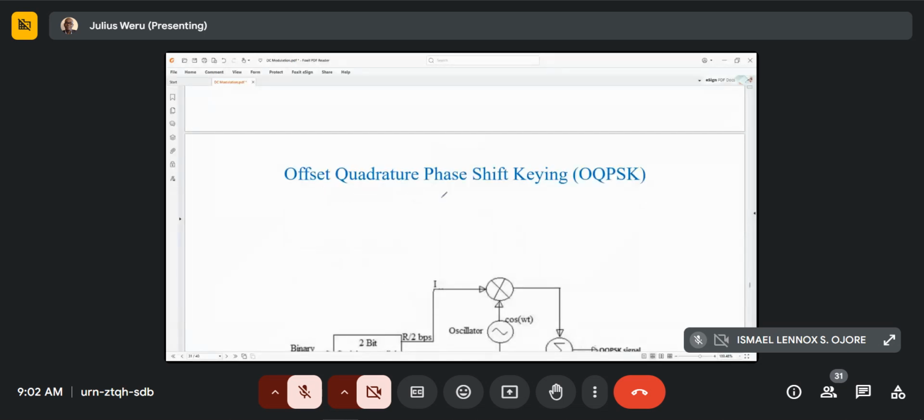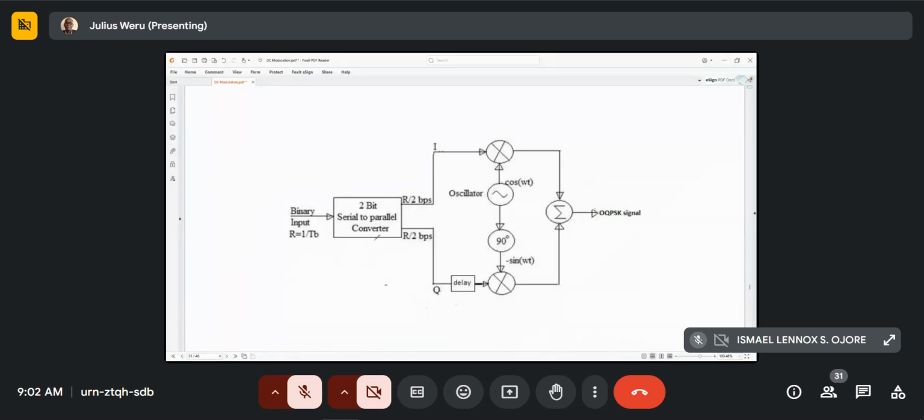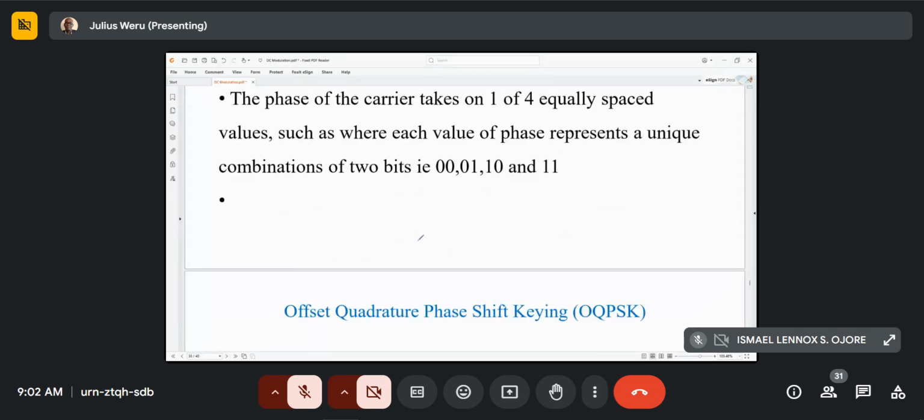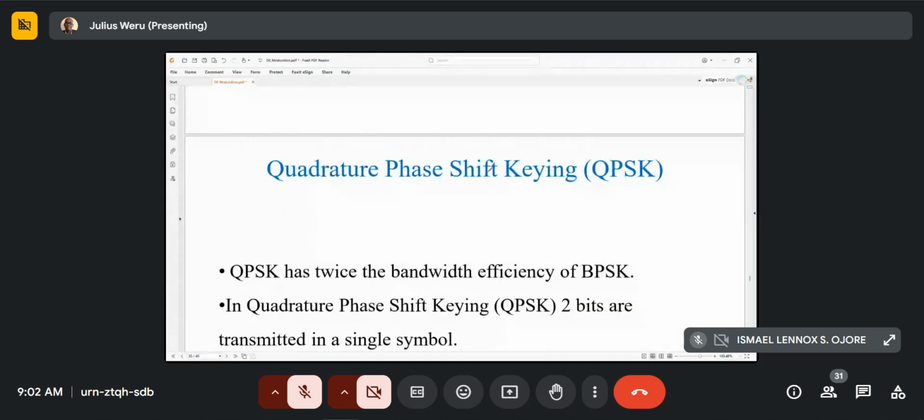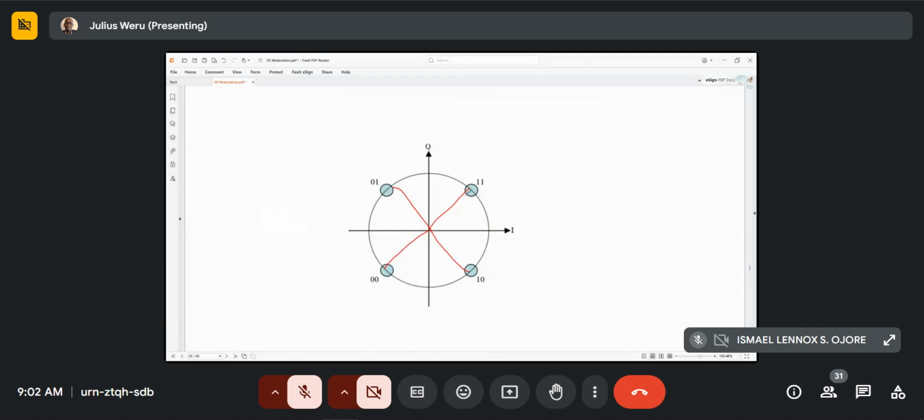This is offset quadrature phase shift keying. What happens is, with QPSK, maybe I should just tell you a few things.